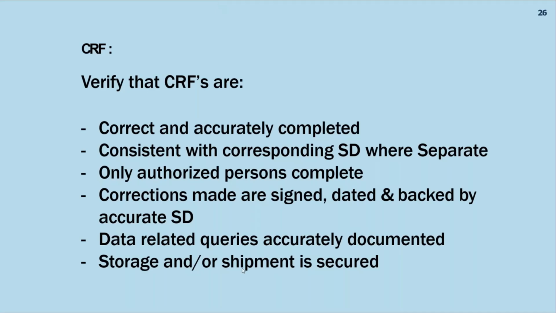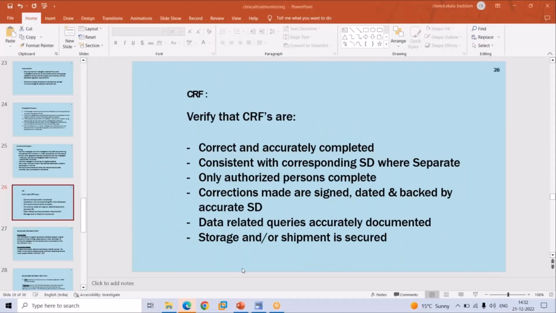Okay, so this is what they do. Corrections which are made, signed, dated, backed by accurate SD. Data related queries accurately documented. So CRA will even check the queries which are generated in the data.